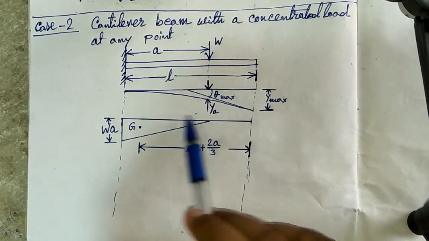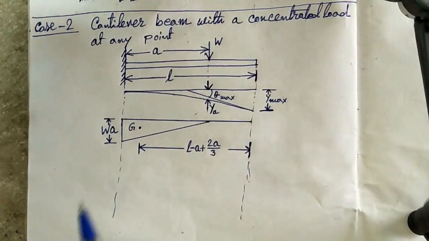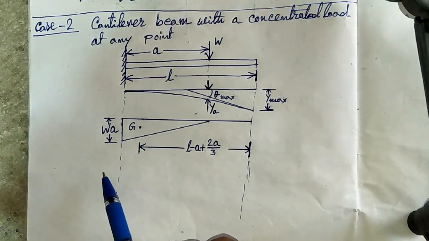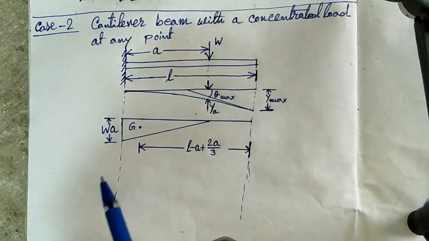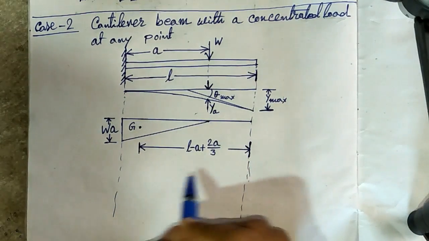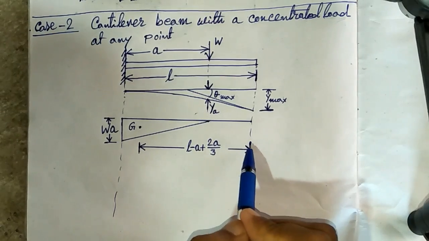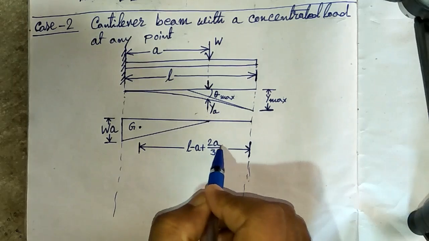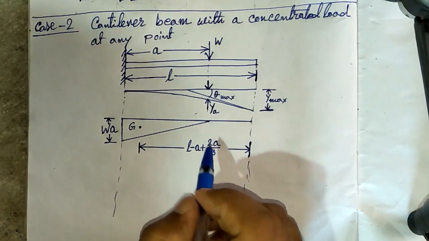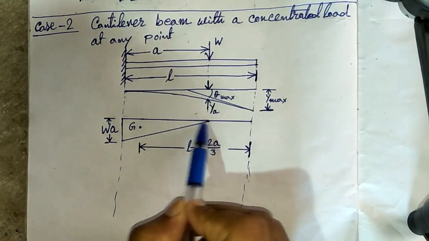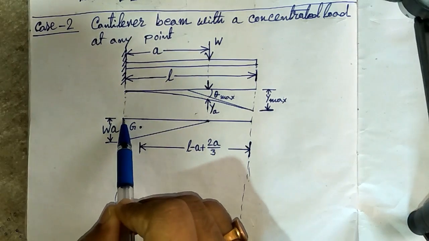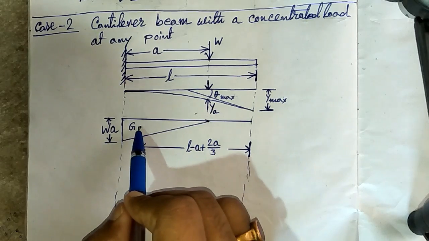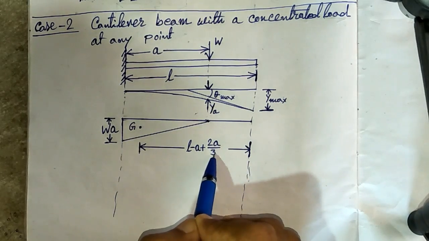This third diagram is the bending moment diagram, where G is the center of gravity of the bending moment diagram. The distance of the CG from the free end is L minus A plus 2A by 3, because this distance is A. From this point to the fixed point, the total distance is small a, and from this point to the CG the distance is 2A by 3.